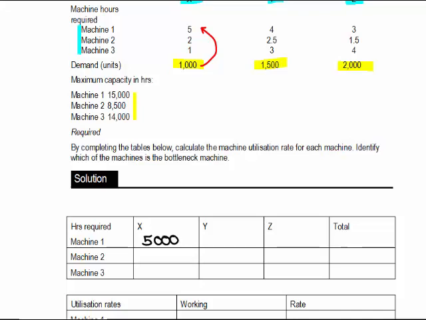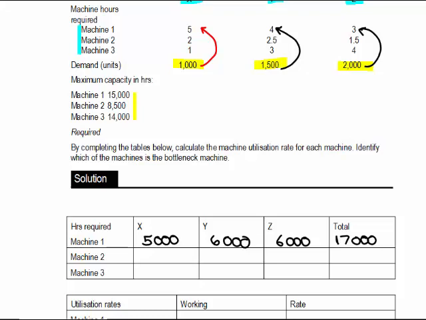Now, machine 1 is also used to make product Y, and that uses 4, so by the time we've made 1,500 units, that's going to have used 6,000. And product Z takes 3, so that's also going to be 6,000. So if we total that up, we end up with 17,000, and that's how many hours it would take on machine 1 to make the maximum demand of all those 3 products.